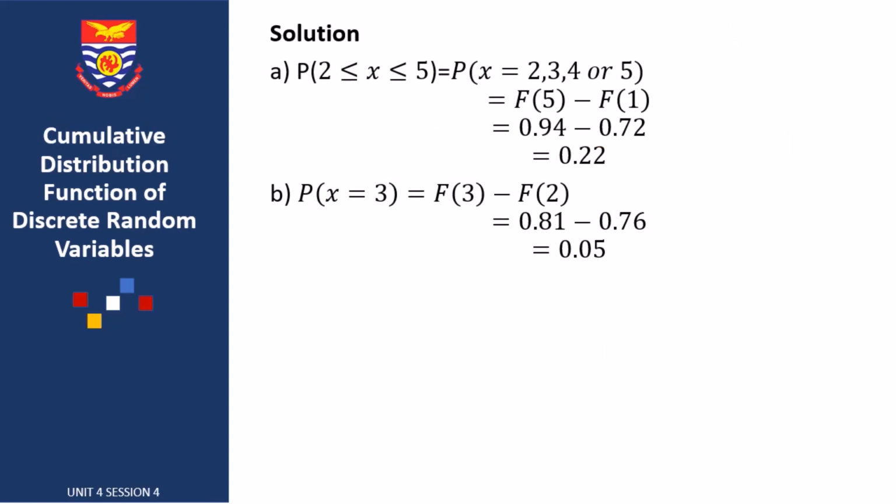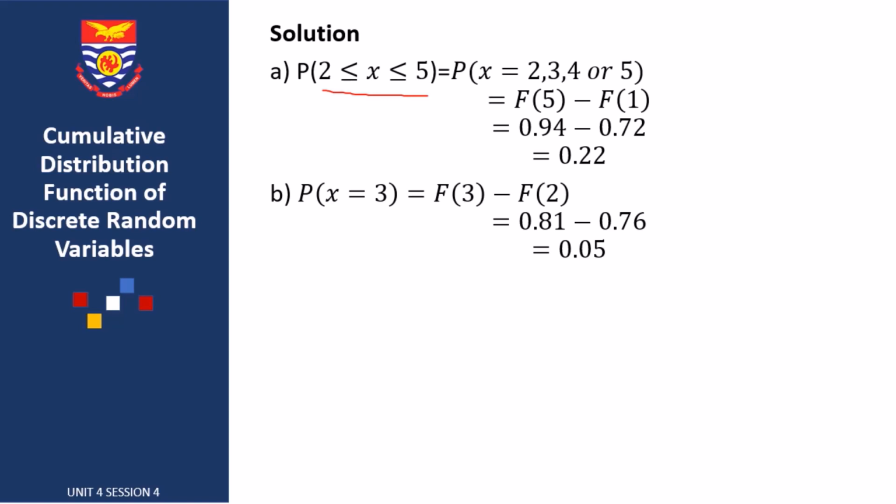So probability of x ranging from 2 to 5 would mean that x will assume values of 2, 3, 4, or 5. Now, it's a cumulative before getting to the 5. So what is not part of this is the beginning part, that's the f of 1.